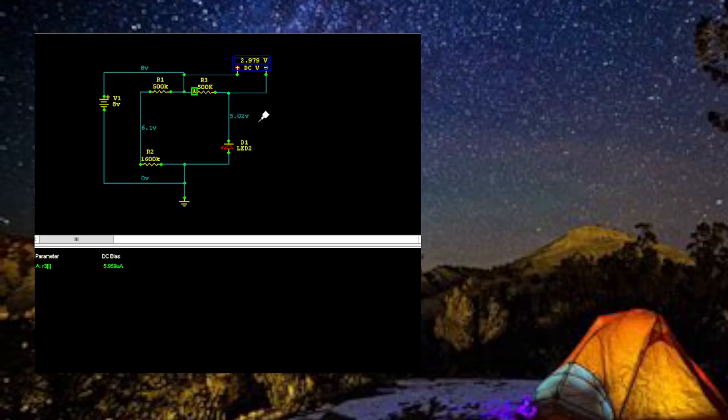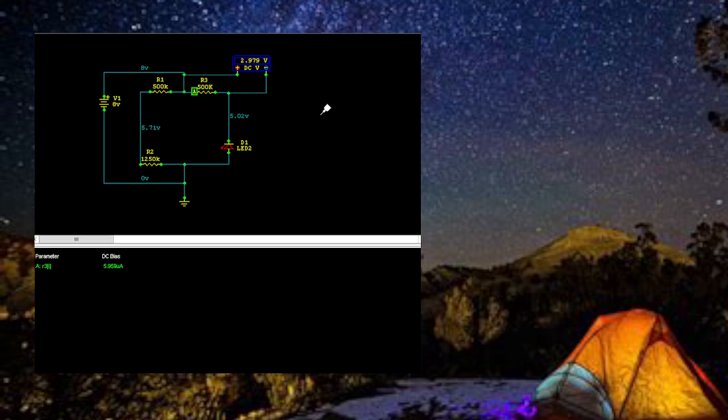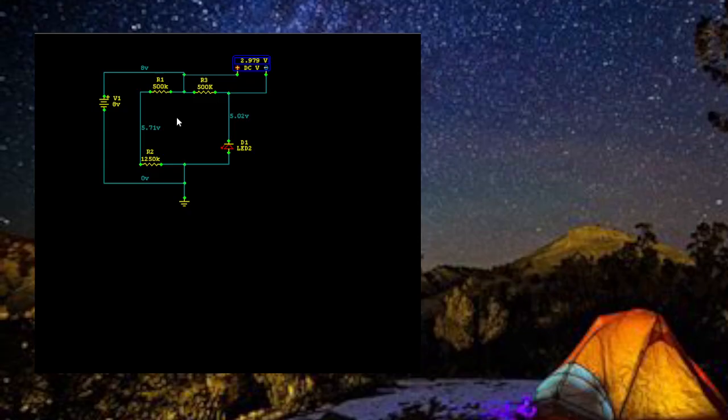Yeah, that voltage difference. .7, okay. Does this go down? It does, doesn't it?